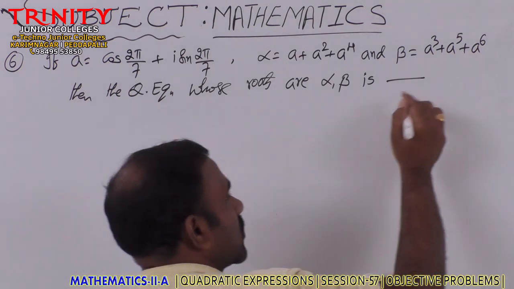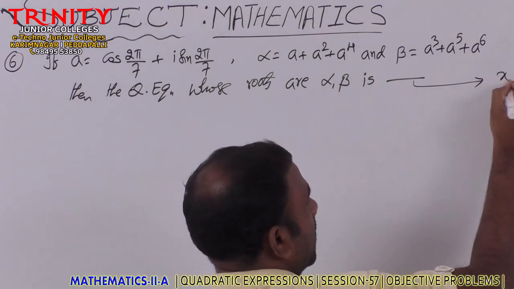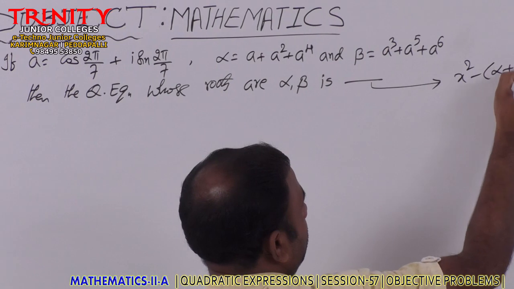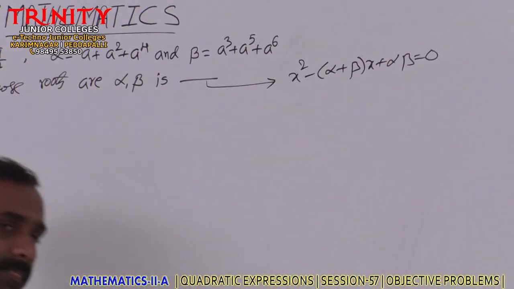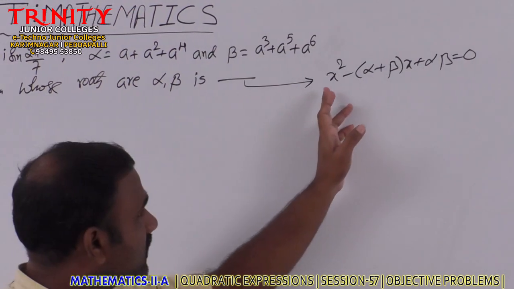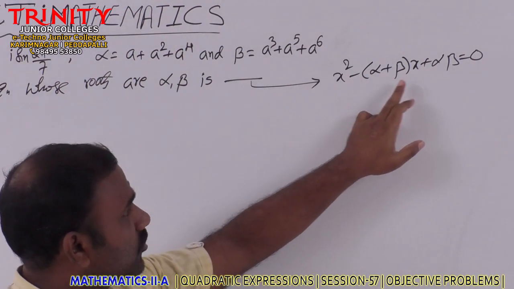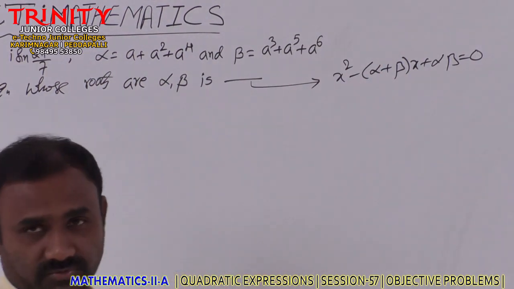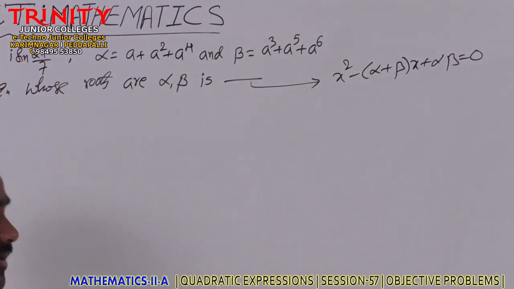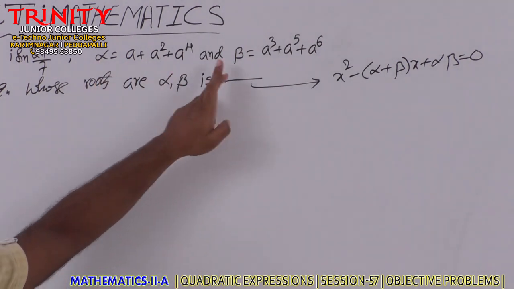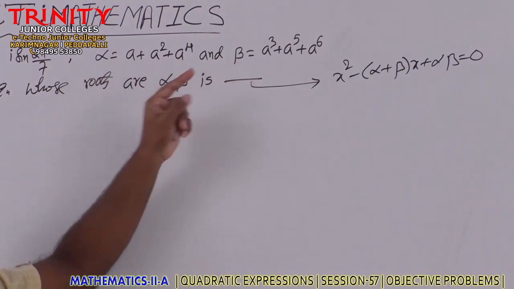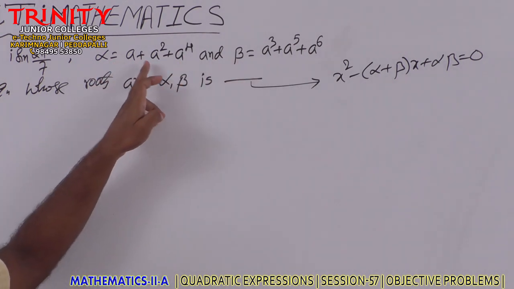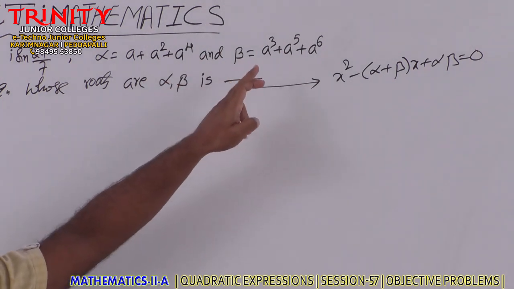The quadratic equation whose roots are alpha, beta is x square minus of alpha plus beta into x plus alpha beta is equal to 0. Correct or not? It means we have to find the sum of the roots and the product of the roots. Alpha plus beta: alpha has some values, beta has some values. Alpha plus beta, they gave a square, a power 4, plus a cube, a power 5, a power 6.